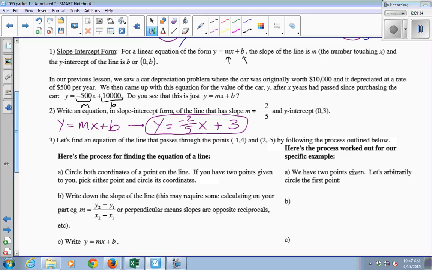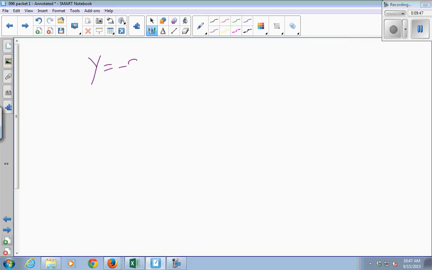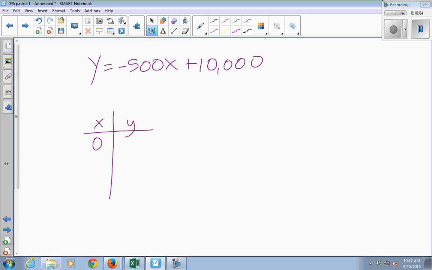It means every solution, every xy pair, like in the car example, y = -500x + 10,000. Every time you plug in an x and get a y, it gives you information about how much the car is worth at a certain point in time. If I make an xy chart and put in 0 for x, -500 times 0 plus 10,000 is 10,000.